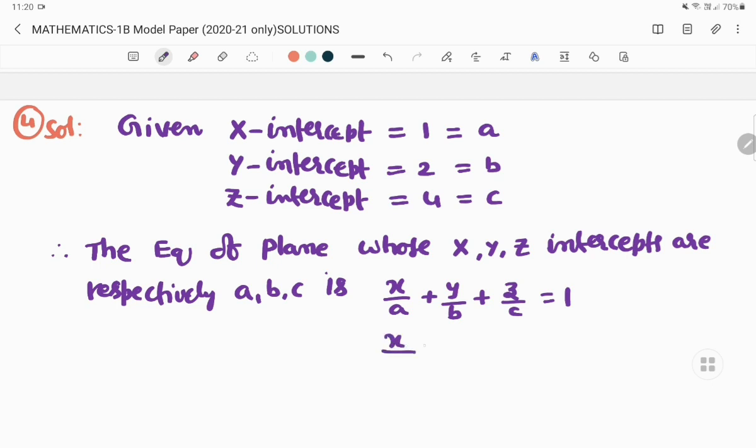Substitute in place of a, b, c 1, 2, 4: x by 1 plus y by 2 plus z by 4 is equal to 1.